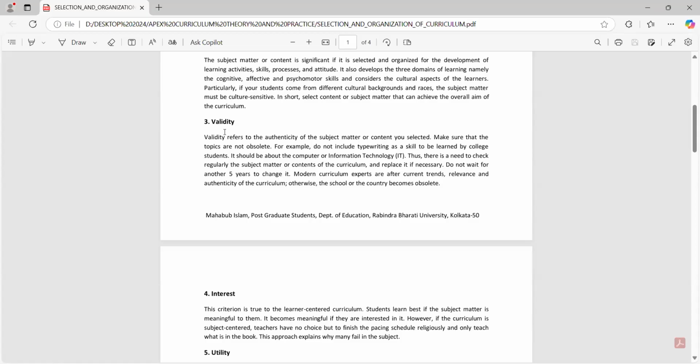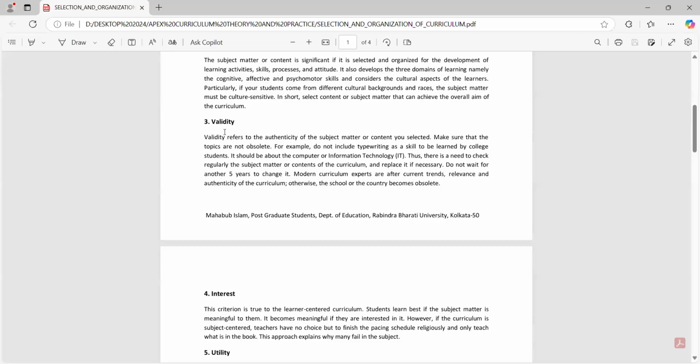Validity refers to the authenticity of the subject matter or content you selected. Make sure that the topics are not obsolete. For example, do not include typewriting as a skill to be learned by college students. It should be about the computer or information technology.